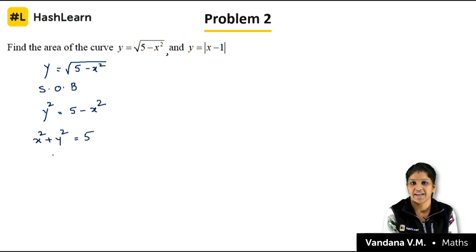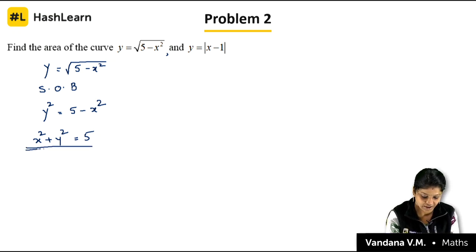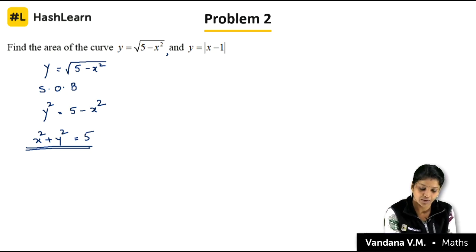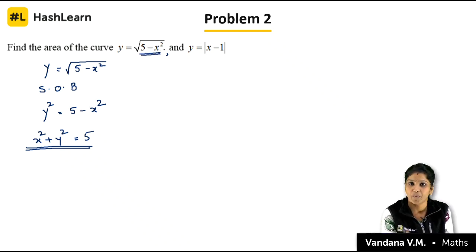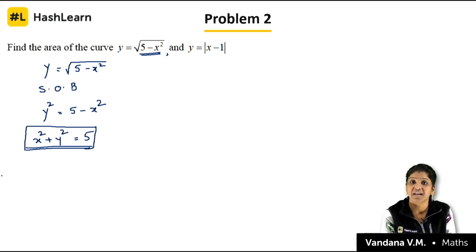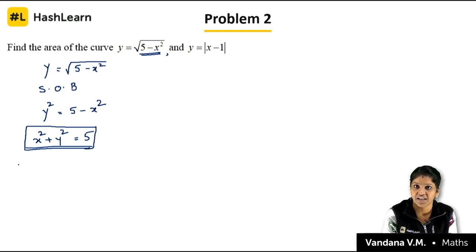So clearly I can say that this represents a circle. But the term inside the root should be greater than 0, otherwise the root will not be a real valued function. So it should be positive. That means it is not representing the complete circle. This is representing the semicircle.